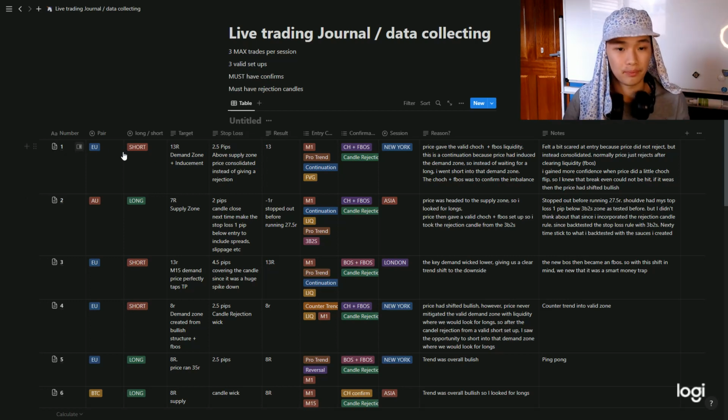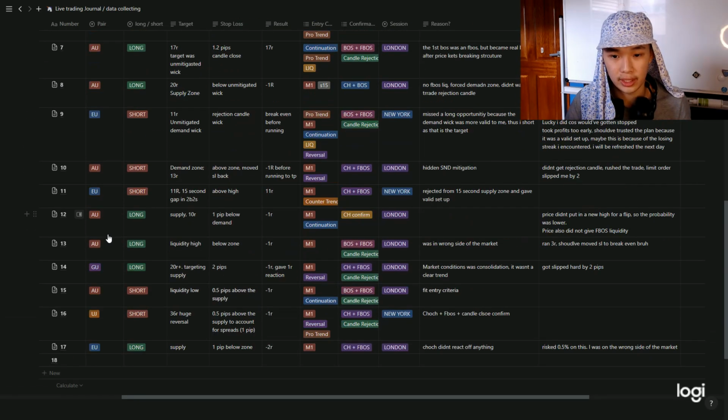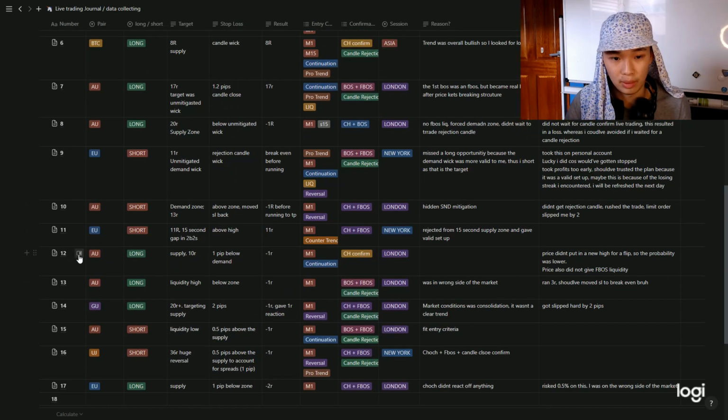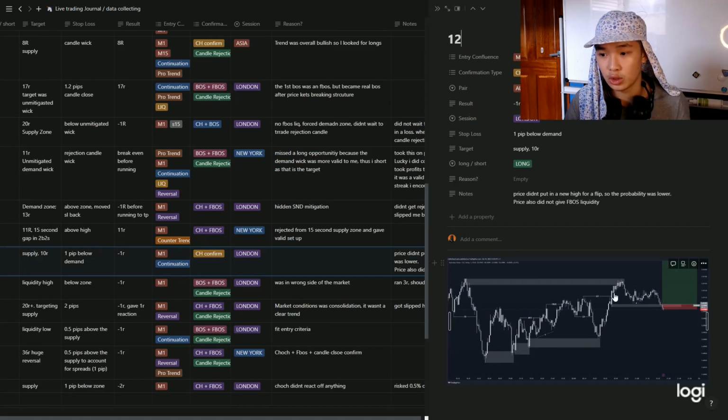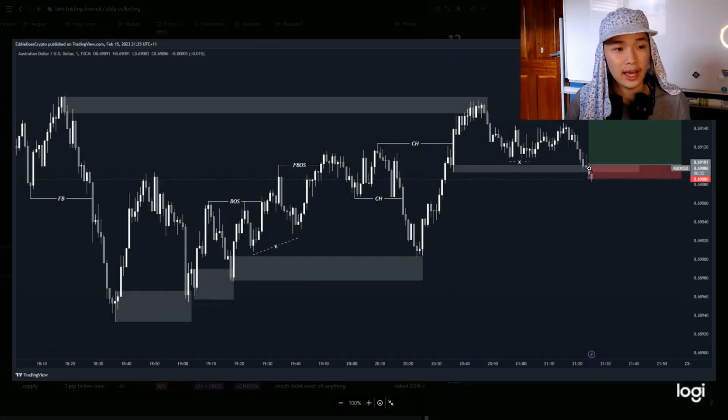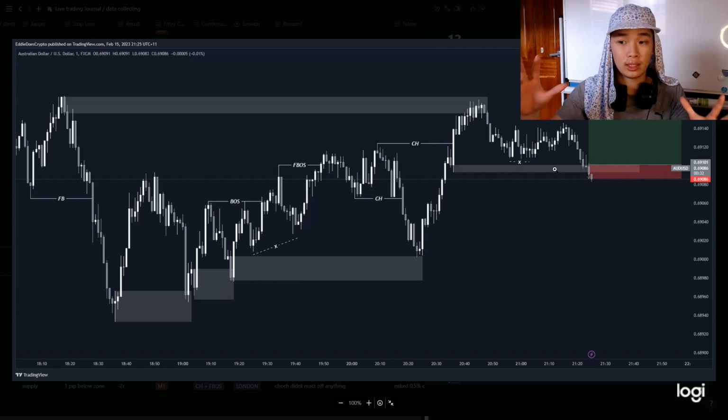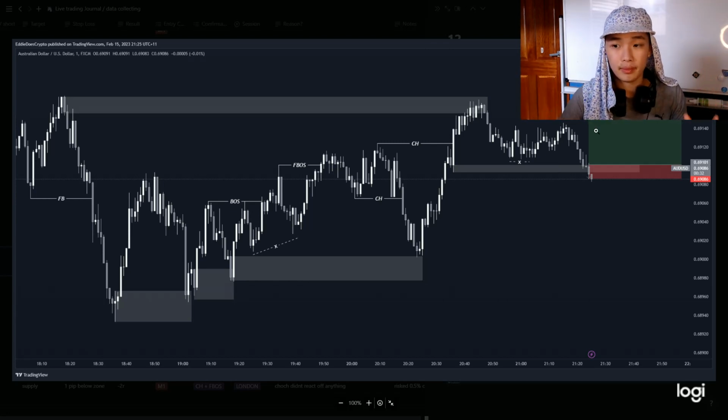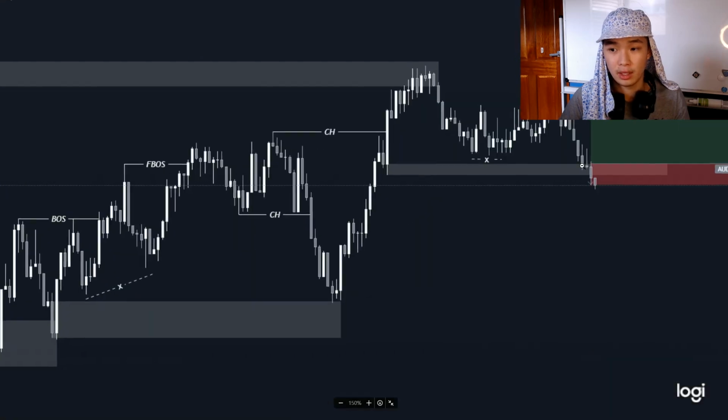Because for me, let's say I open this trade 1 pip below demand, yeah, this one is nice. So I took a loss here, right? But if I had a mitigation halfway, or 75% mitigation, I'll enter the trade off the candle close and then put my stop loss at where the low was. But if it barely tapped, and let's say the price was here, I can't really zoom in.